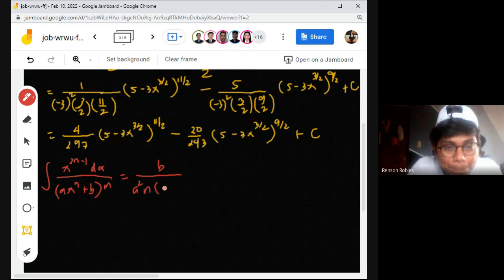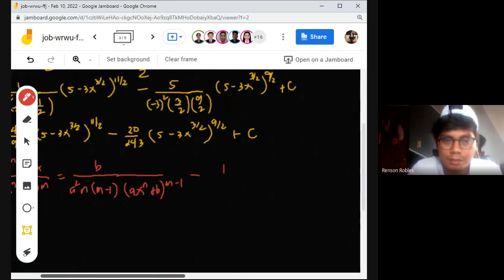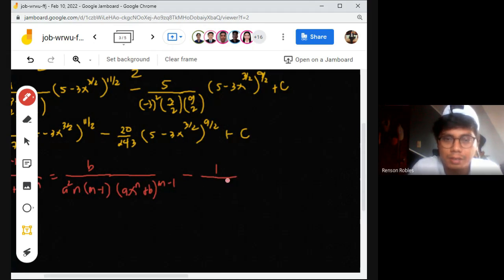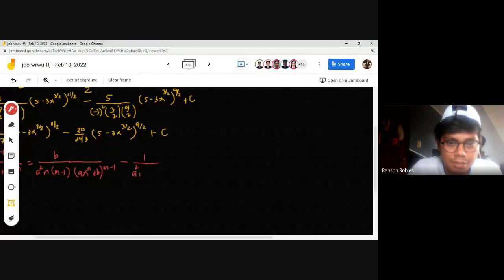So, that would be m minus 1, and then you just copy ax raised to n plus b, raised to m minus 1, minus 1 all over a squared times n times m plus 2. And then you just simply copy ax raised to n plus b raised to m minus 2. Sorry, that's minus 2. And then you add c.